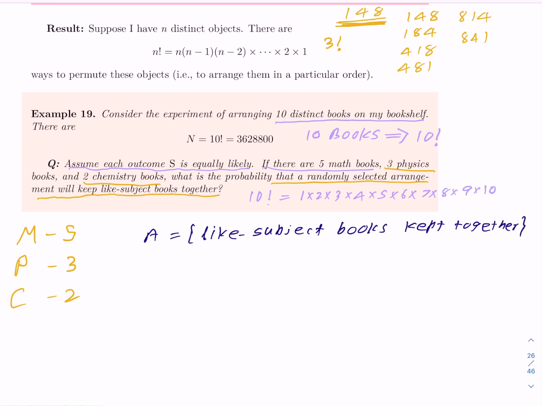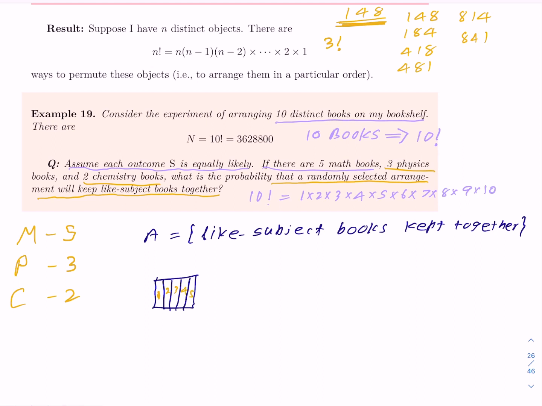Now let me explain this way. You have 5 math books, 1, 2, 3, 4, 5.